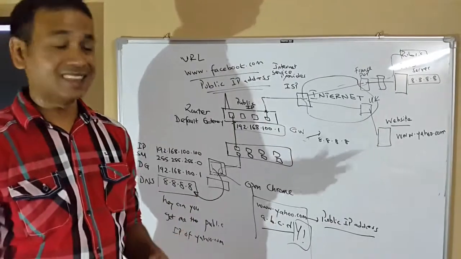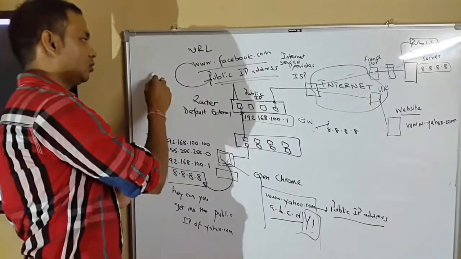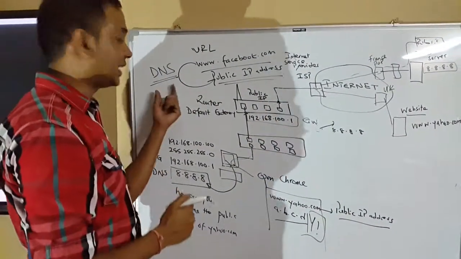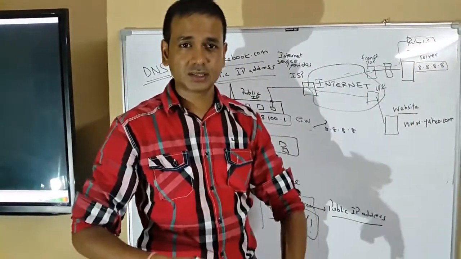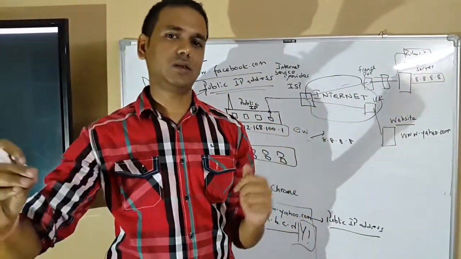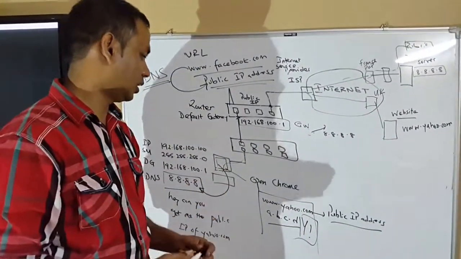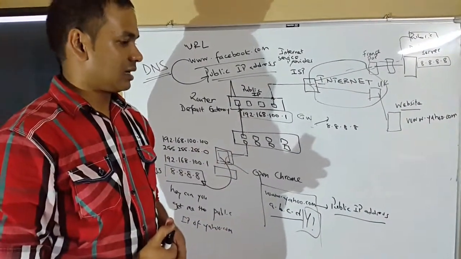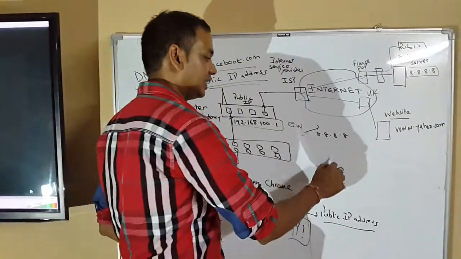And the service that converts any website to its public IP address is called the DNS. The DNS is basically a server. It's running a software with multiple entries, with all the mapping, for example, for each website, what is the public IP address, so that it can take you to any website that you want. So basically that's DNS. Now for some minutes I'm going to explain to you what is DHCP.